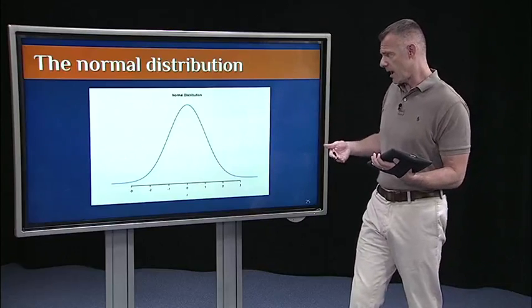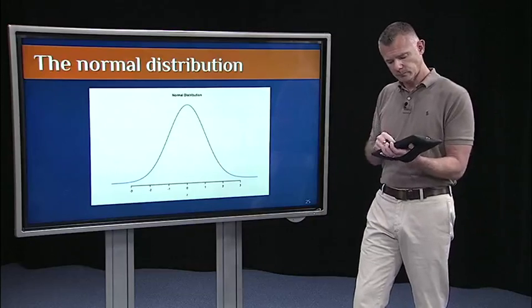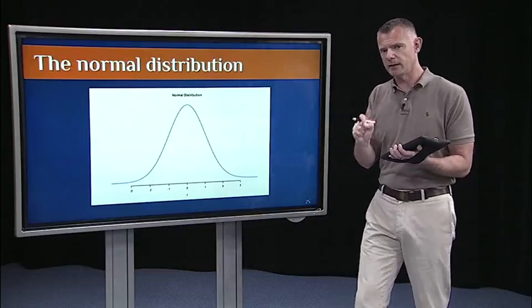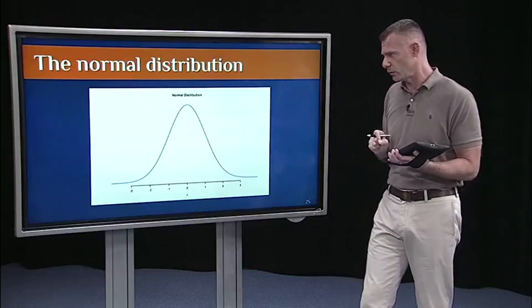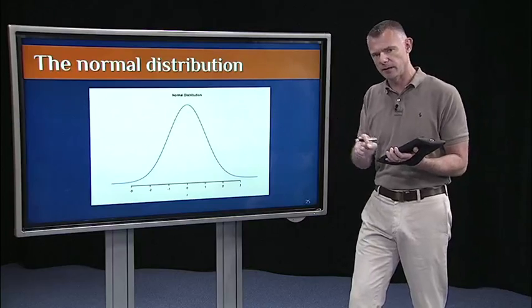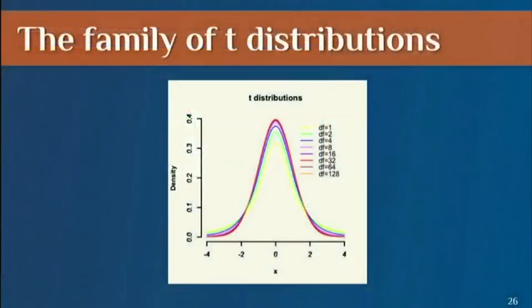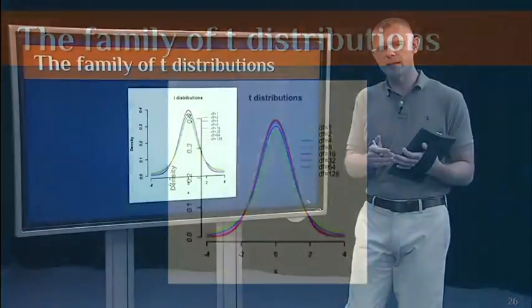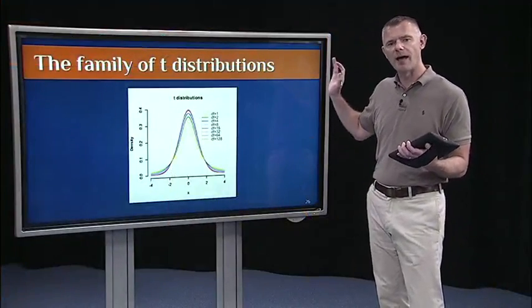That means I can make probability judgments about my outcome. Now, that third principle didn't say you get exactly a normal distribution. It says it approximates a normal distribution. So you don't get that actual perfect normal distribution. What you get instead is called a t-distribution. And there's actually what statisticians refer to as a family of t-distributions, depending on sample size.